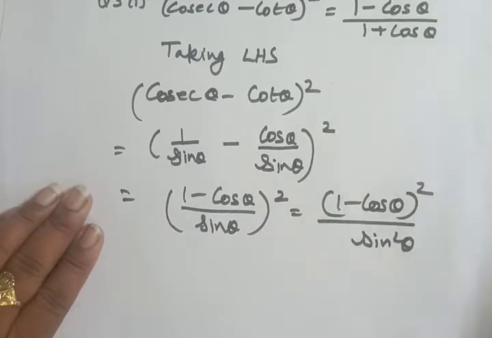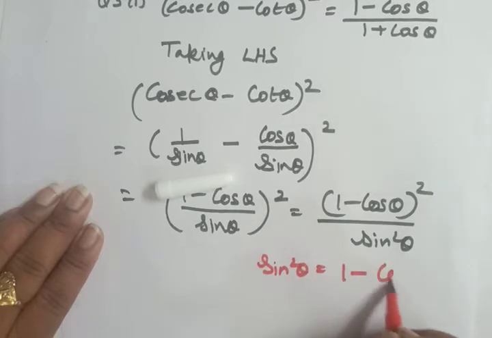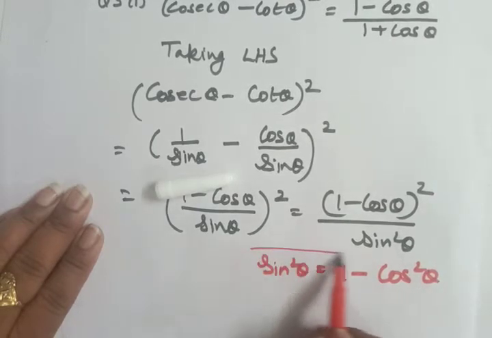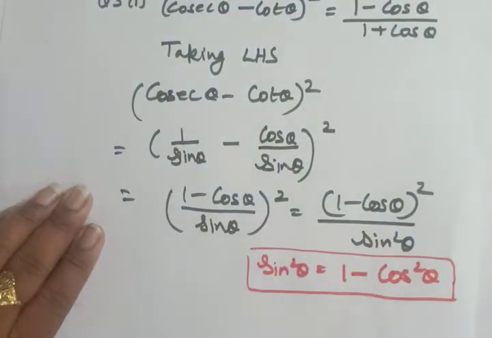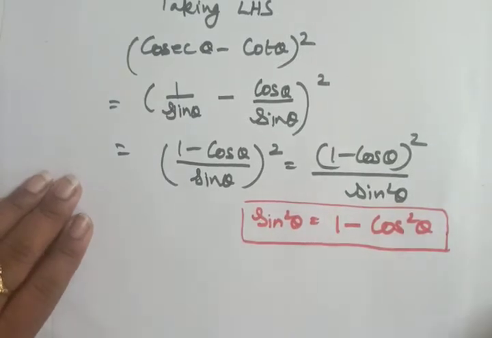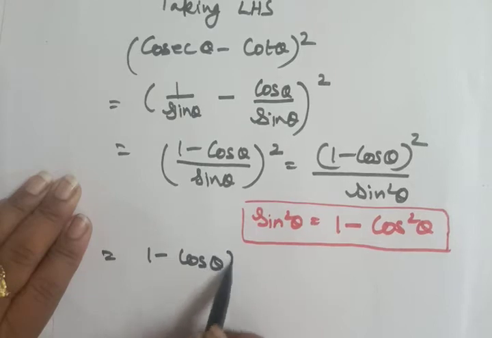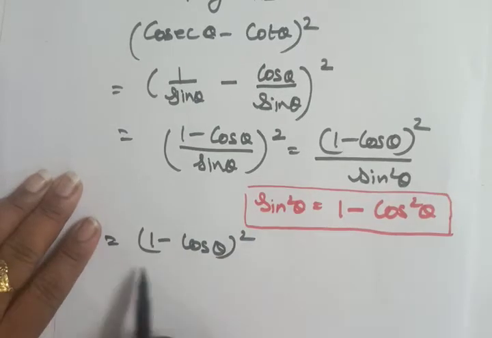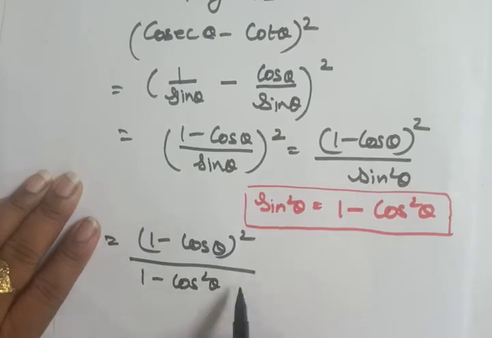As we know, sin square theta is equal to 1 minus cos square theta. The main identity is sin square theta plus cos square theta is equal to 1, so instead of sin square theta we will use this identity. As I already told you, only the identities can help you. So (1 minus cos theta) whole square upon 1 minus cos square theta.